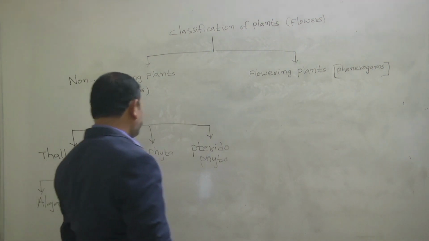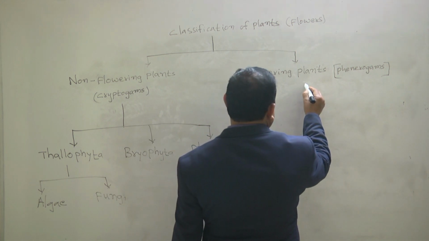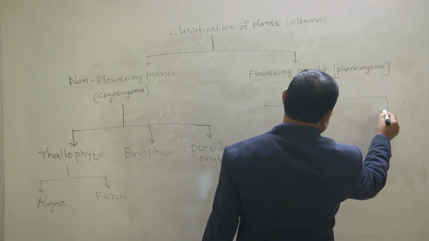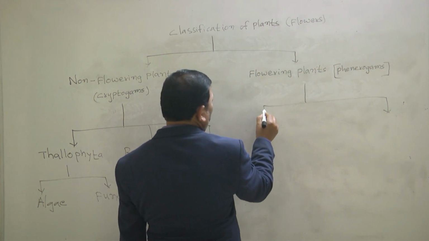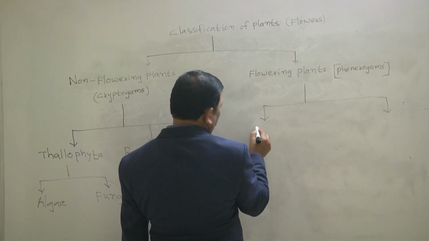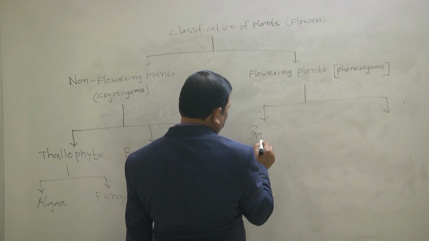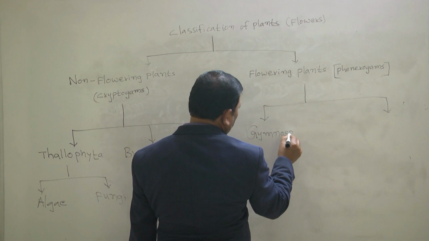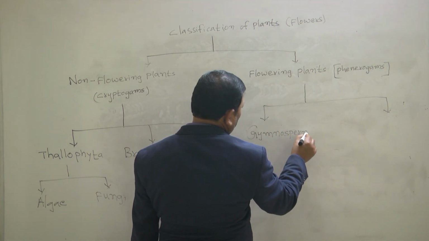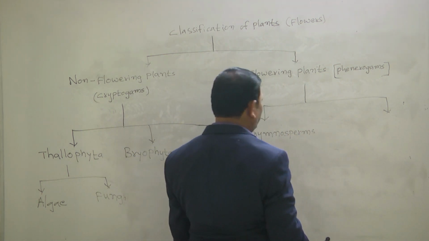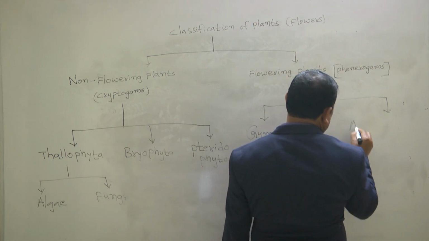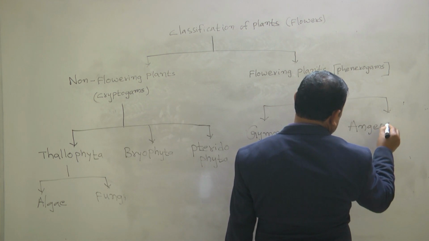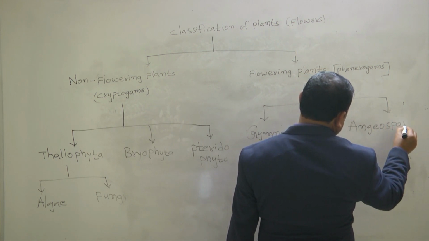So, flowering plants are again classified into two types. One is the gymnosperms. Second one is the angiosperms.